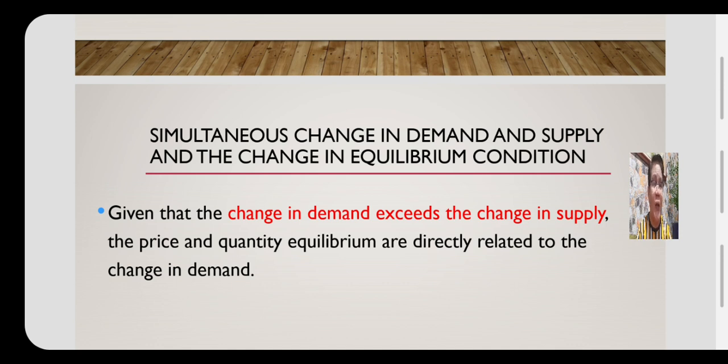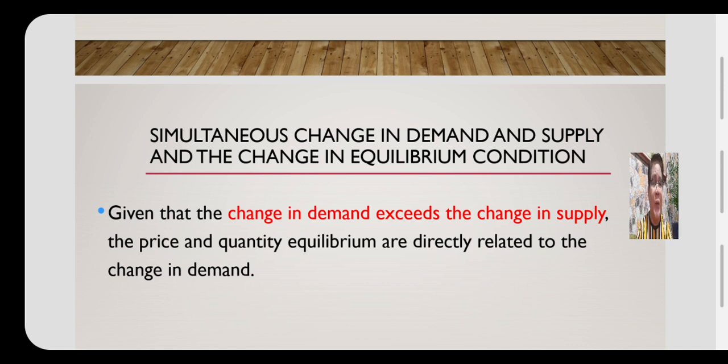Specifically, the force between the demand and the supply is not balanced, so that given the two forces between the demand and the supply, it is the force of demand that dominates in the market.